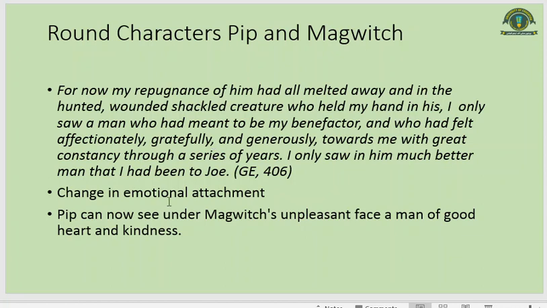First he was hating Magwitch, but now he is loving him, comparing him to Joe, who was his benefactor in childhood. So Pip can now see under Magwitch's unpleasant face a man of good heart and kindness.